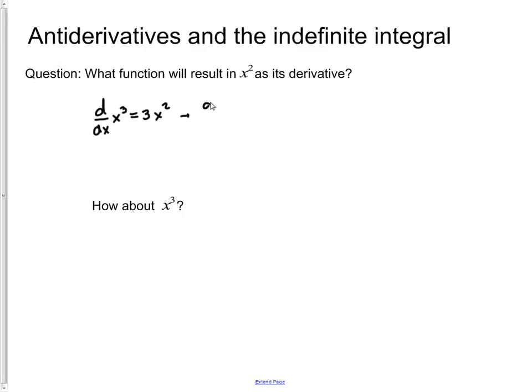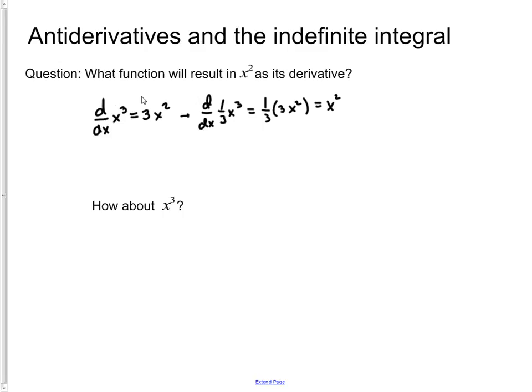Well, the derivative with respect to x of 1/3 of x cubed would certainly result in x squared, because we'd be taking 1/3 of 3x squared, and sure enough, that would be our derivative.